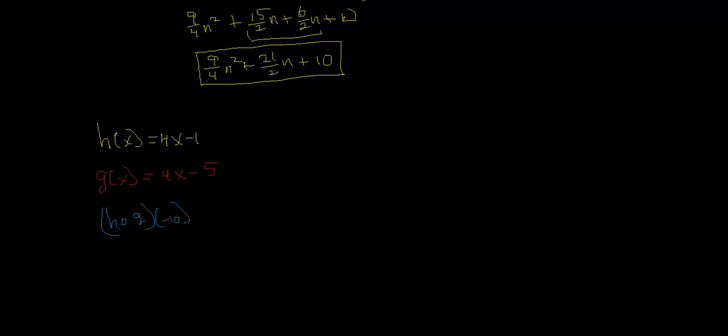Okay, so in this case, we can evaluate g of -10 first. Let me rewrite this. This becomes h of g of -10. So then we do g of -10 first.